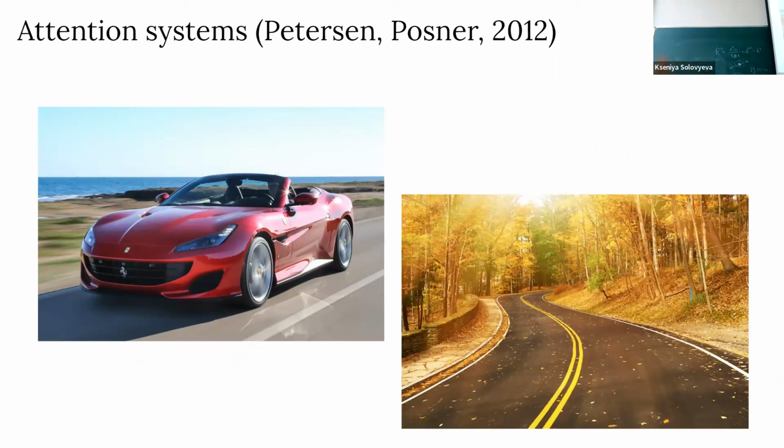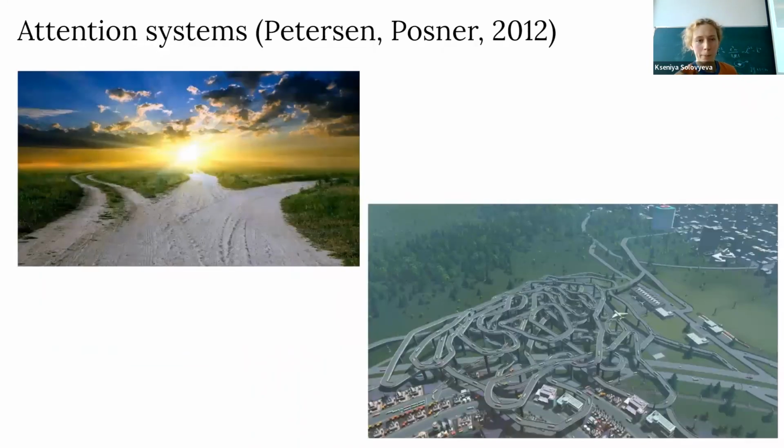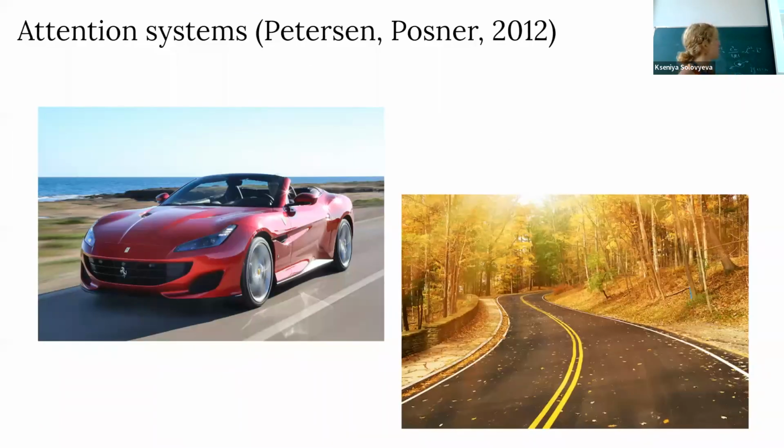Okay, and I have another explanation of these three systems, some metaphor. The first system is like the speed of your car. So you can have low speed, low alertness, and high speed, high alertness. Another part, the Orient system, is the system for turning left or turning right. If you have very high speed, but you can't turn left and right correctly, you'll have some problem.